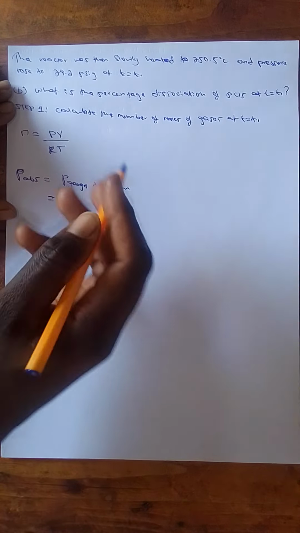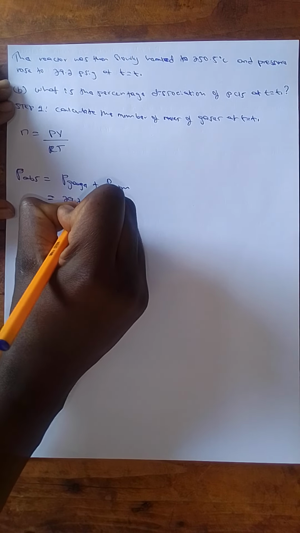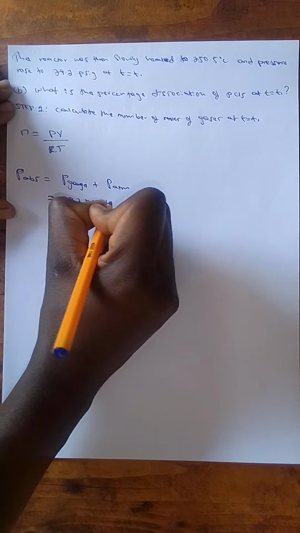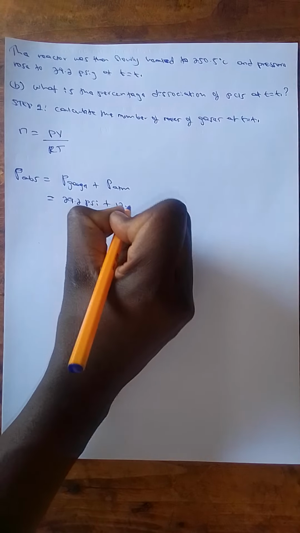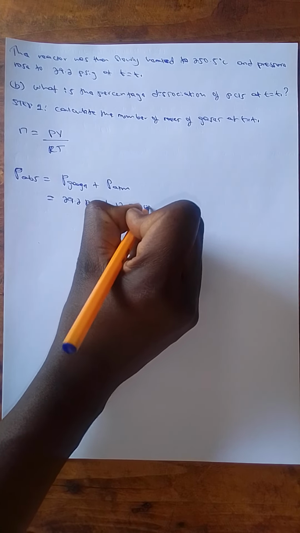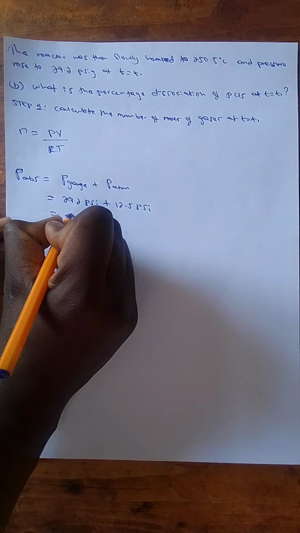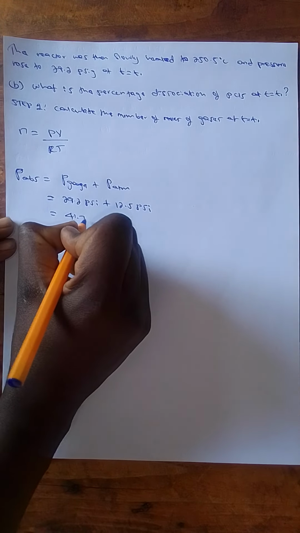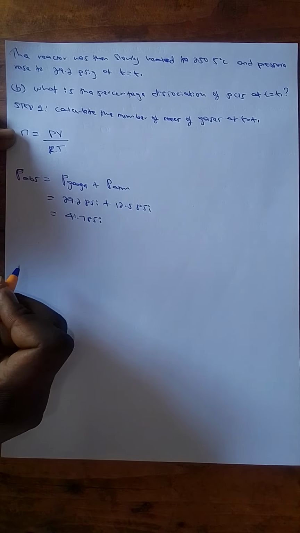The gauge pressure we are told is 29.2 psi, plus the atmospheric pressure we are told here is 12.5 psi. And if you use your calculator, it gives you 41.7 psi. So this is basically the absolute pressure.